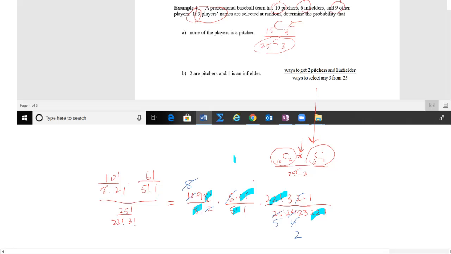And I think we're all done. Oh, we still haven't. Did I get rid of that 3 yet? No, I can't get rid of it. I'm stuck with that 3. Okay, so it looks like we have a 9 and a 3, and then down here we have a 5 with a 2 and a 23. So we got 27 over 230. Okay, so that's the probability, 27 out of 230.